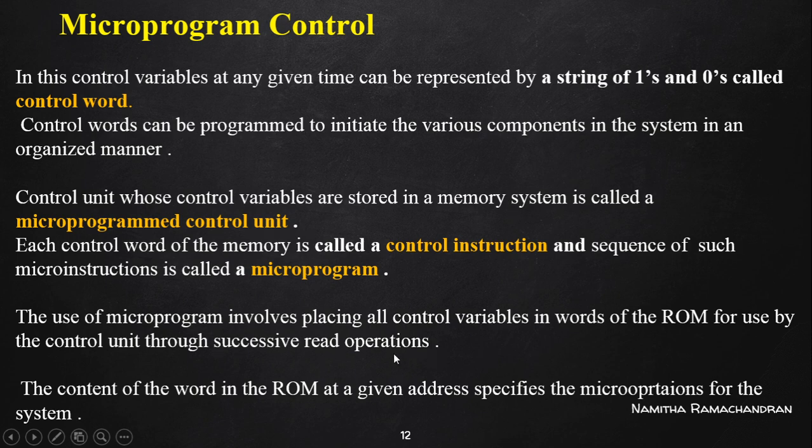ROM type memories are used here because these control words are predefined and we can permanently store them inside a memory. During system execution, we can read each and every control word as and when required. So the best option for such a storage space is ROM type memory.